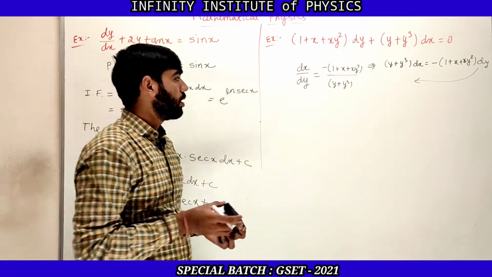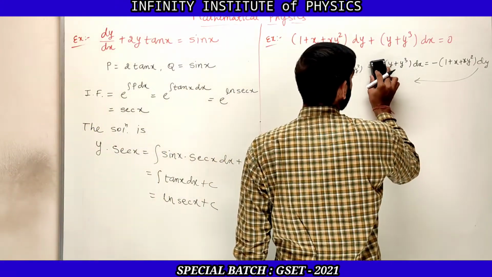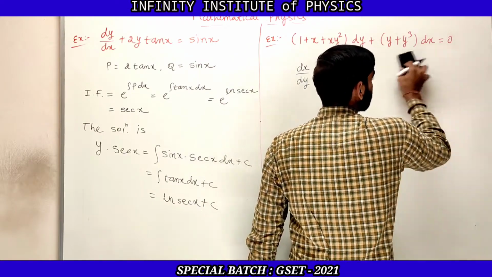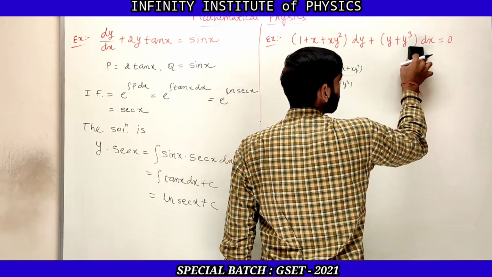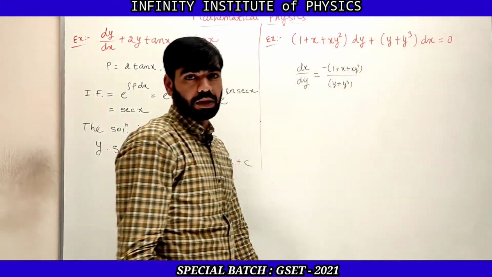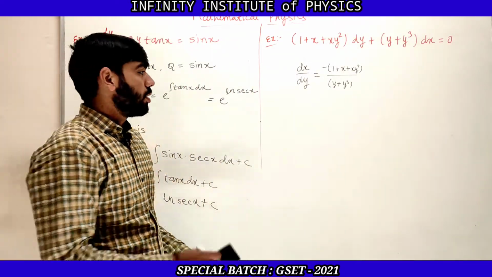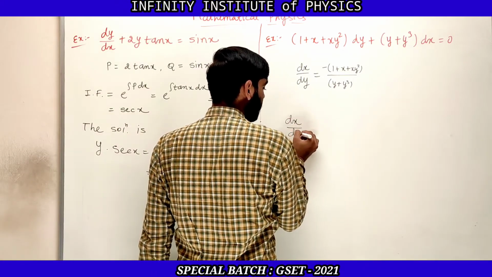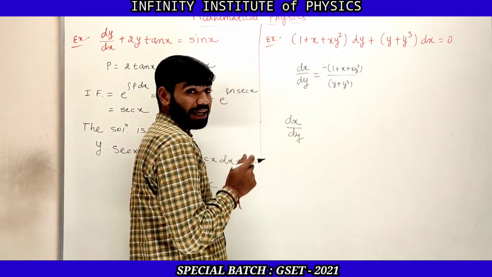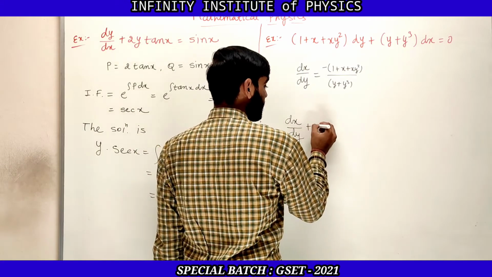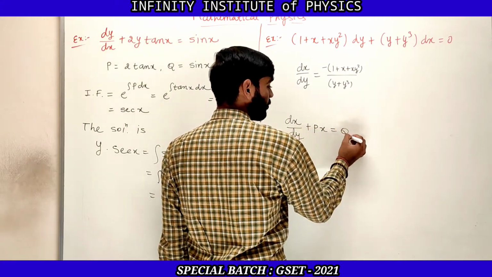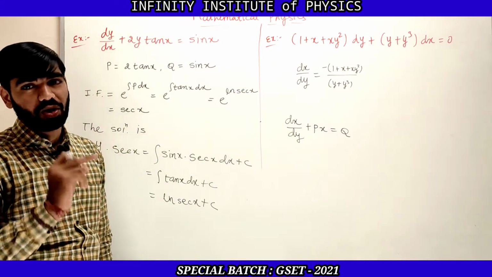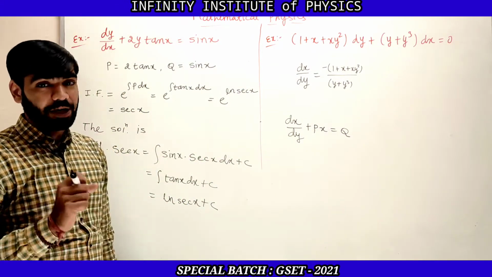Clear? Now if we have differential equation which is linear in x, then it will be in form of dx by dy plus px is equal to q, where p and q both are functions of y only.